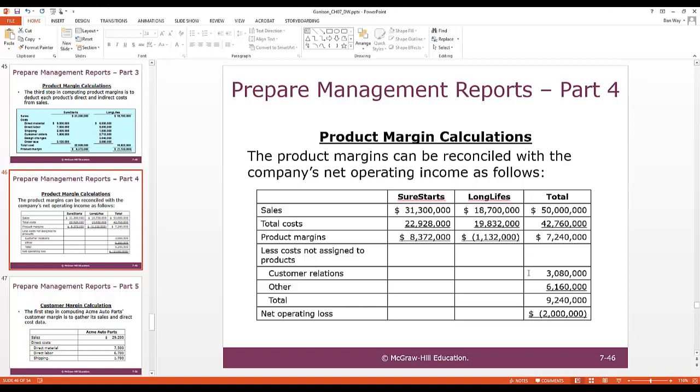So we had some leftover customer relations costs, and then that big other bucket for a total of $9,240,000. And if we subtract that total unassigned cost from our combined product margin, that'll get us to our same net operating loss that we saw on the income statement back at the beginning of this example.